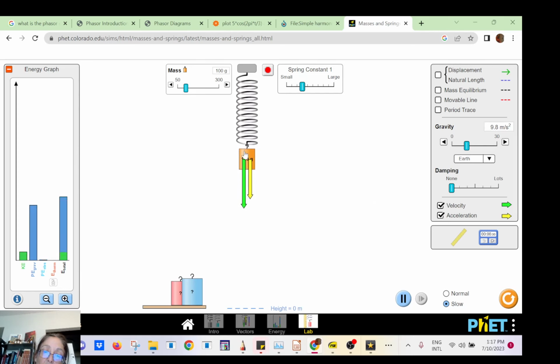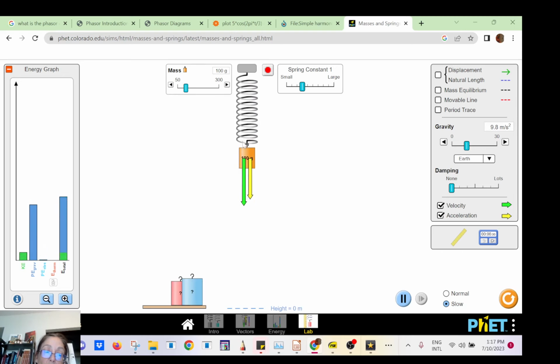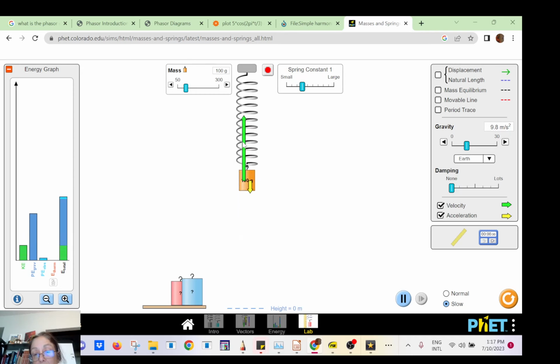The speed here is going to be 0, it's going to increase to a maximum, and then it's going to be 0, and then it's going to increase to a maximum, and then it's going to be 0. So the velocity of an oscillator should also be described by a sine or cosine function.